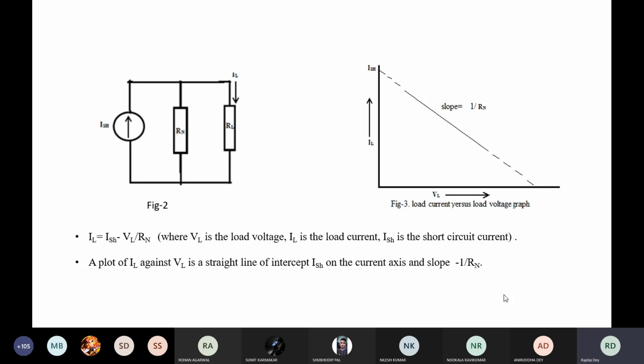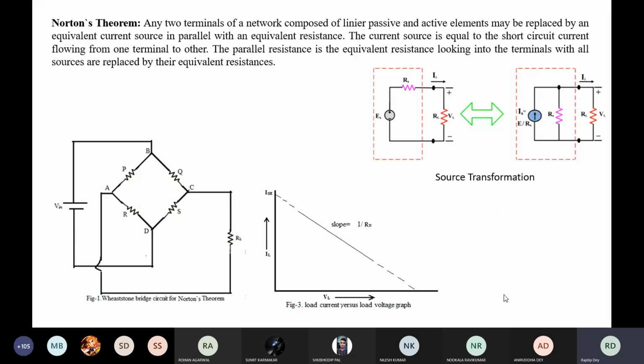So whatever load voltage or load current we get across RL for figure 2, the same amount of load voltage or load current needs to be obtained in figure 1 if the circuits are the same.